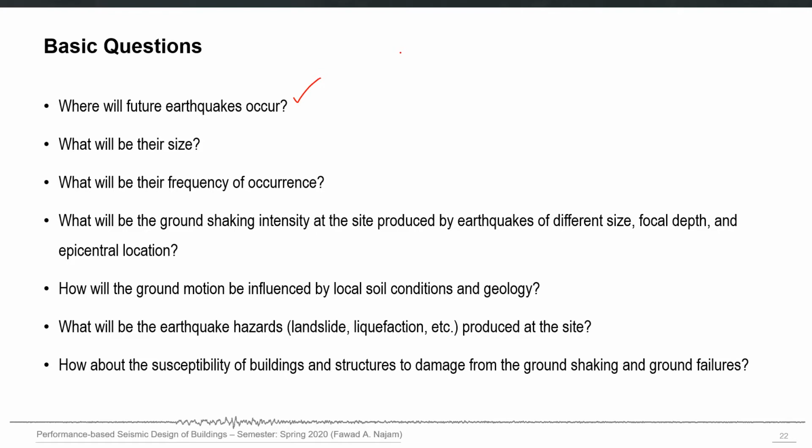We can use it to forecast the location of future earthquakes with certain confidence. So we can predict in terms of a probabilistic framework the possibility of future earthquakes at different locations.